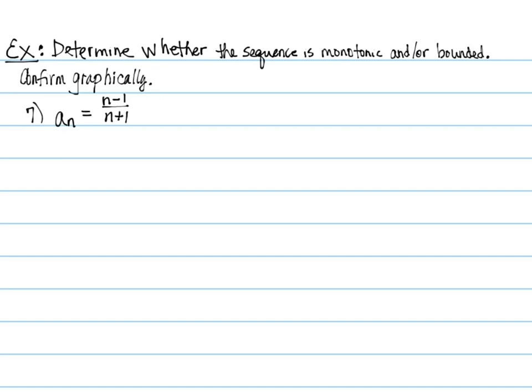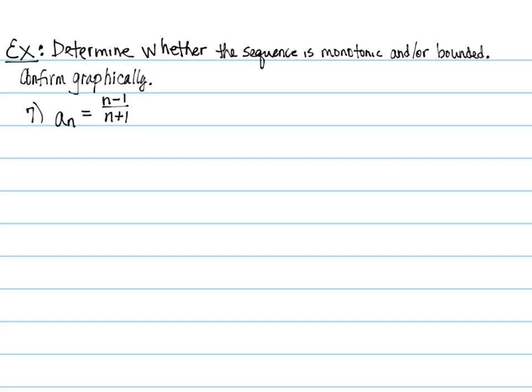I don't have time for us to take a look at doing this particular problem, but grab your calculator real quick. I have a feeling you probably know, roughly speaking, what this graph looks like. It's a rational function. Have to remember that n is only 1 or bigger, because that's what sequence domains are.